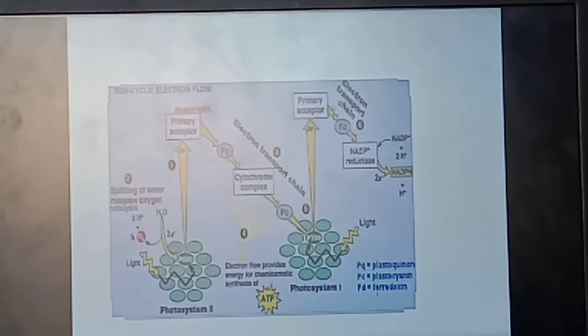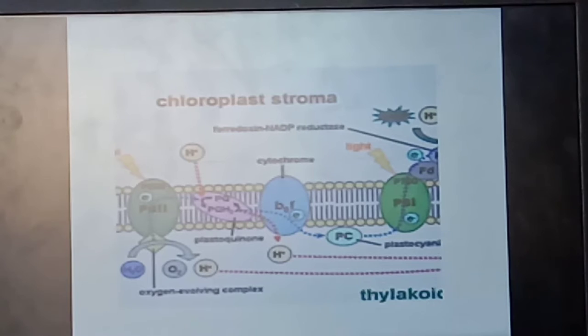Third function, synthesis of NADPH, reduced nicotinamide adenine dinucleotide phosphate. The released hydrogen ions from the water are made available to NADP and reduce it to NADPH. It is also used in the dark phase.